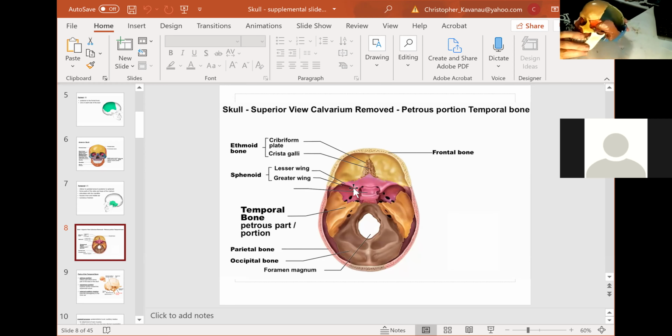So let's take a look at that here on the model. So here, this brown bone here, this is the temporal bone, okay? And when you look inside, you can see it, kind of turn it, you can see it here. Okay, so you can see it from a decalvarated view, and back here, you can see it here in brown. I guess it's impossible to get the light right.